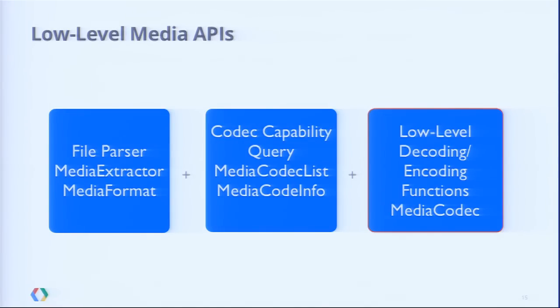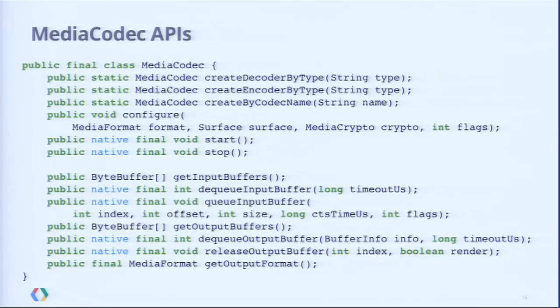Once you know the available codecs, you can use the media codec class to create an instance of that codec to directly access the low-level decoding or encoding capabilities. So how to do that? First, let me show you the API available in this media codec.java class.